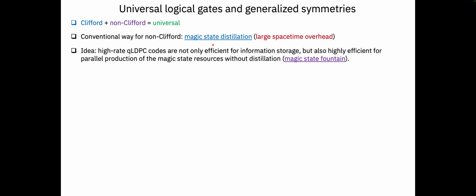So the idea in this talk is that we realize that high rate quantum LDPC codes are not only very efficient for information storage, but also highly efficient for parallel production of magic state resources without the use of distillation.